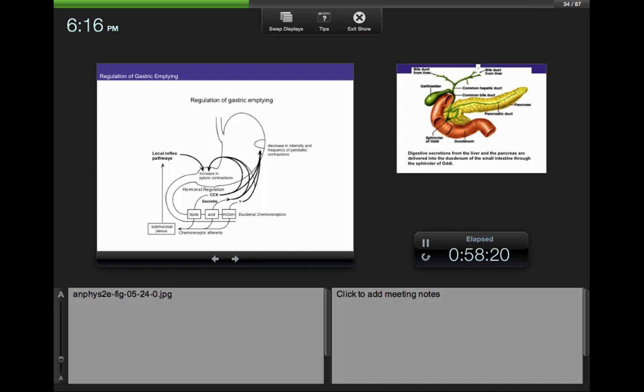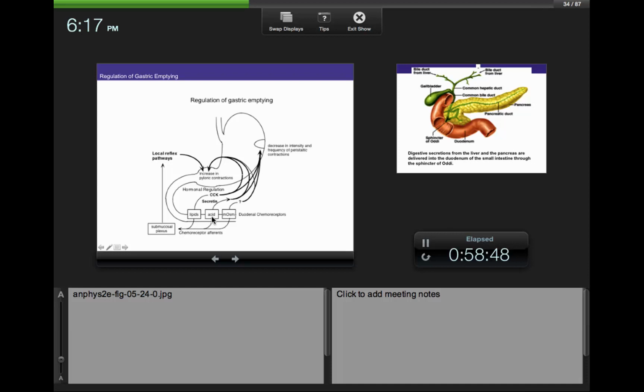Bile emulsifies the fat, surrounds those smaller fat droplets so they can't reaggregate into the big fat globules. Keeping them small so the lipases can get in there and break the fats down to fatty acids and monoglycerides.